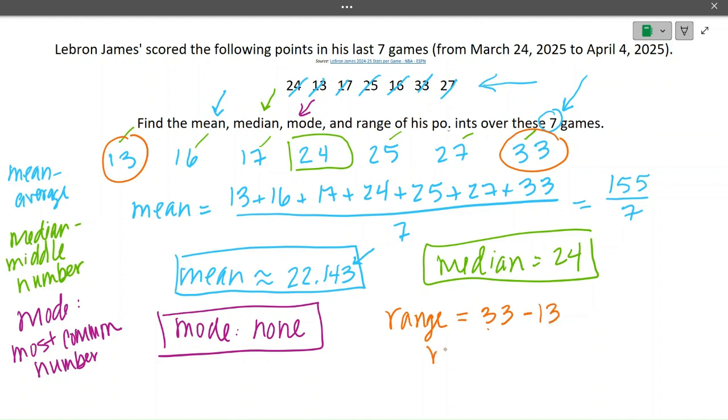So what that means is our range is 20. So from his highest scoring game to his lowest scoring game within these 7 games, there was a 20-point difference. All right, so there you have it. This is a breakdown using statistics of LeBron's point scoring performance over these last 7 games.